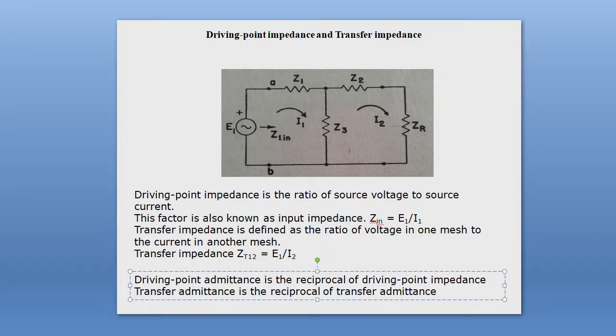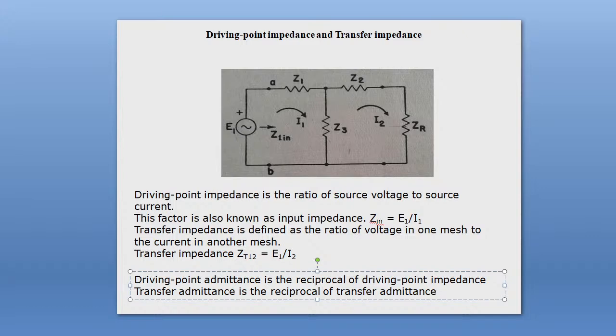So far we have discussed, now we try to generalize the circuit function in terms of impedance or admittance. If anyone has any confusion regarding transfer impedance or driving point impedance or admittance, let me know.